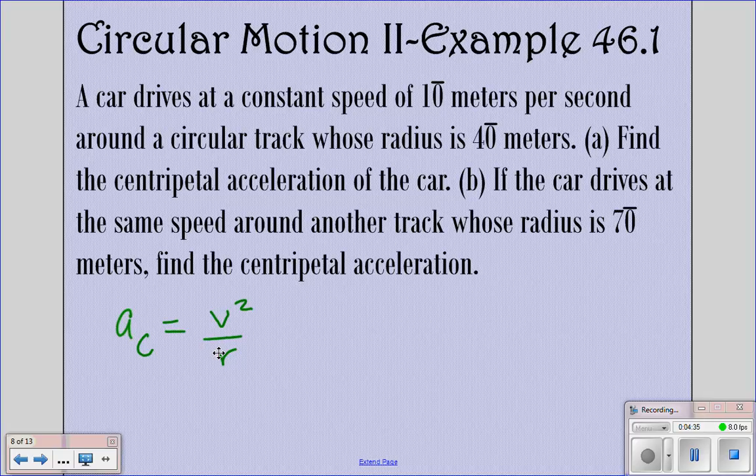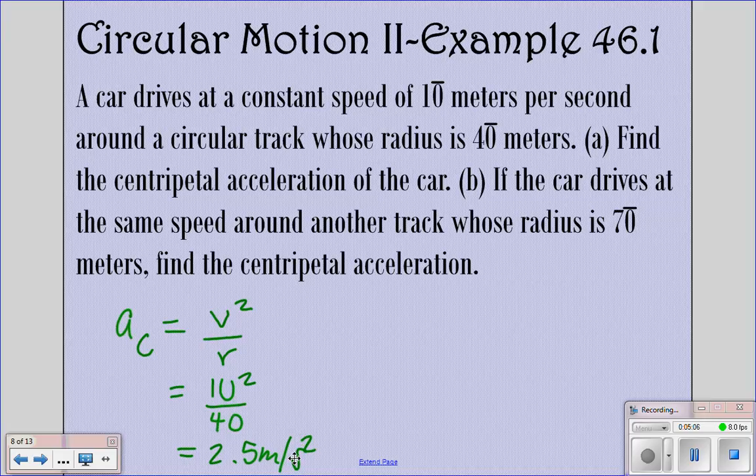We're going to use v squared over r. The v is our 10, the speed we were going. So 10 squared is 100, divided by the radius of 40 meters, gives 2.5 meters per second squared, because we're dealing with acceleration.